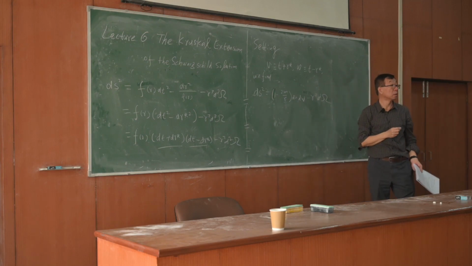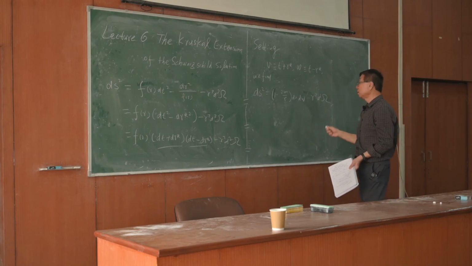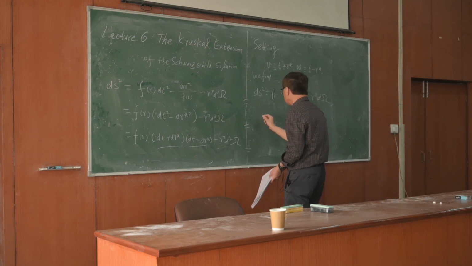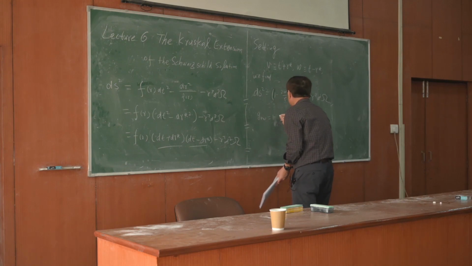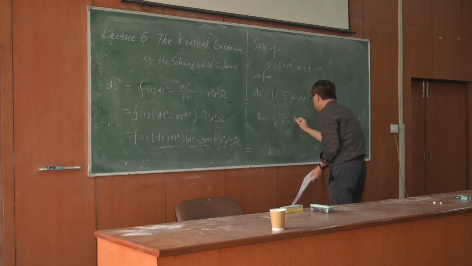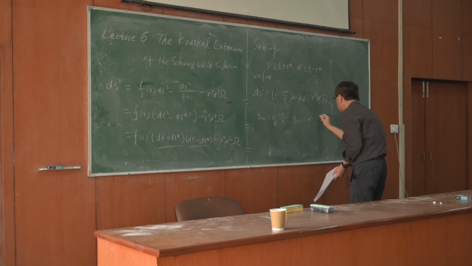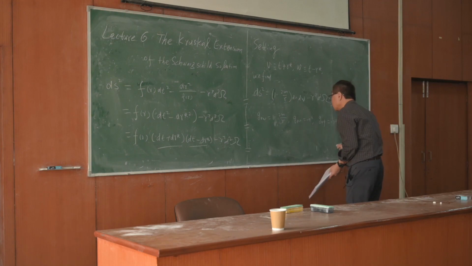So I have this one in terms of this, but you can see now I have g_VW equal to 1 minus 2m over r, g_theta equal to minus r squared, g_phi equal to minus r squared sine squared.